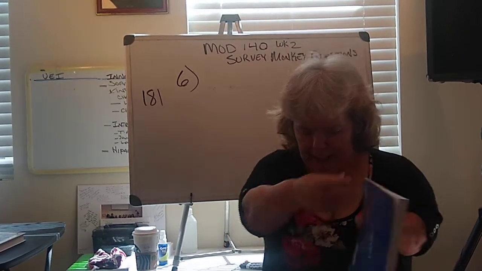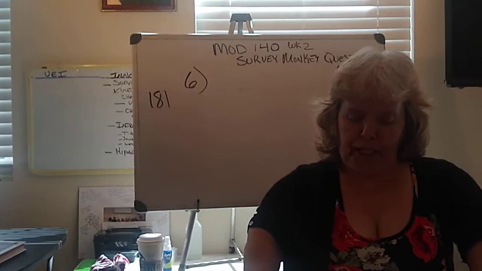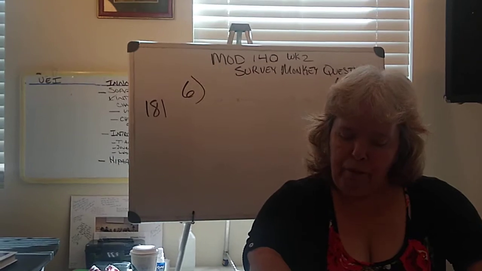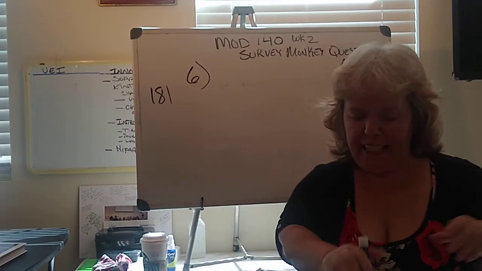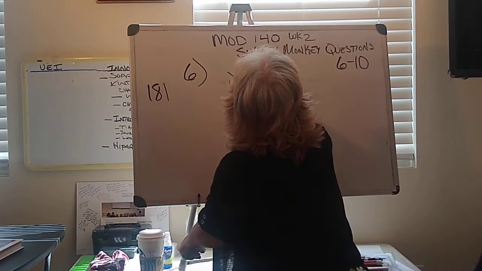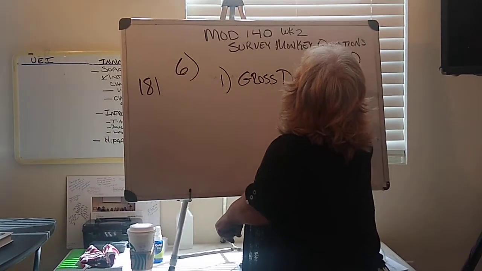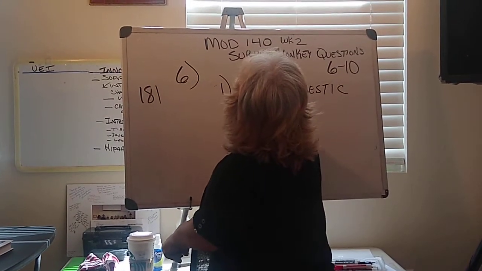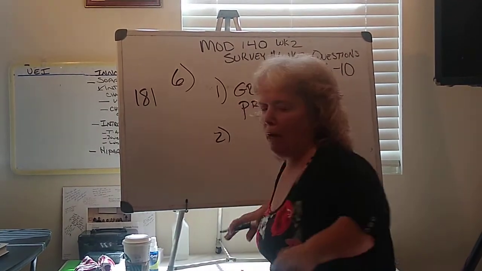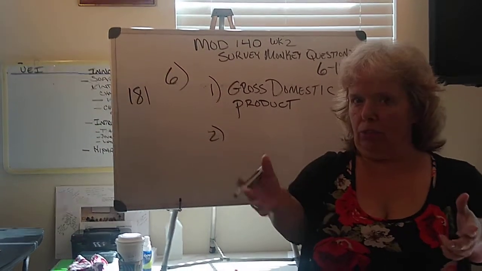It says, the United States perspective on world trade. The role of the United States in the world trade can be viewed from two perspectives. Number 1, gross domestic product. That is the total amount of products the United States sells to the world.